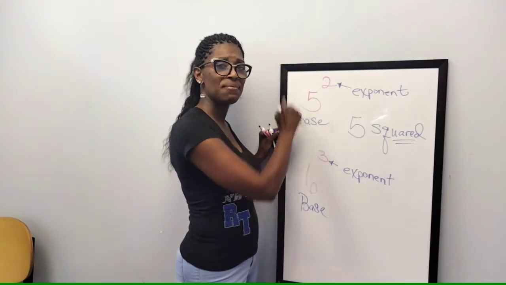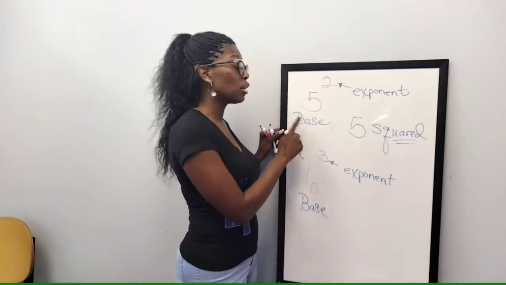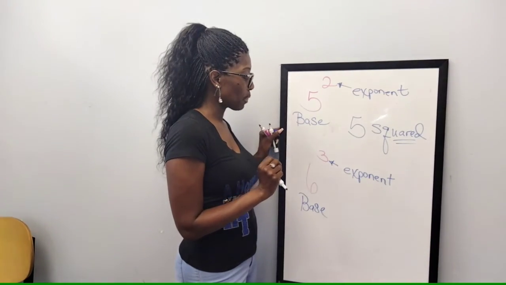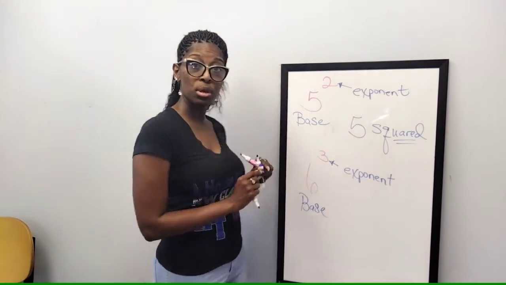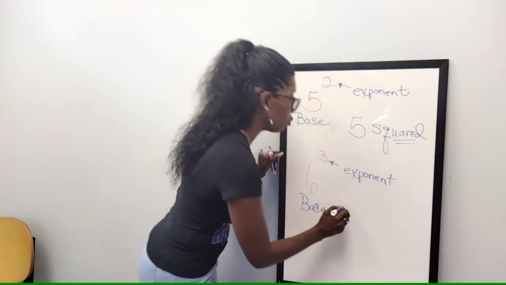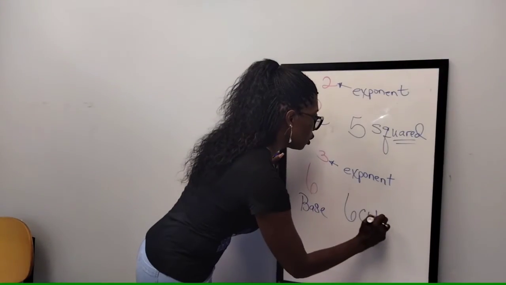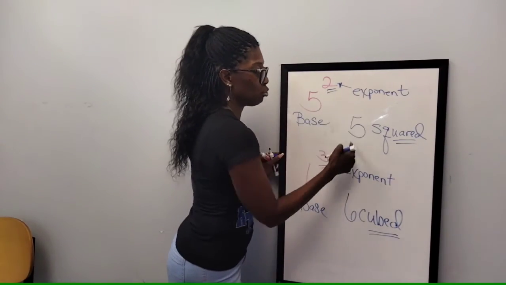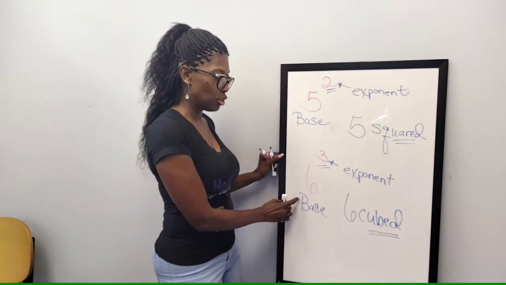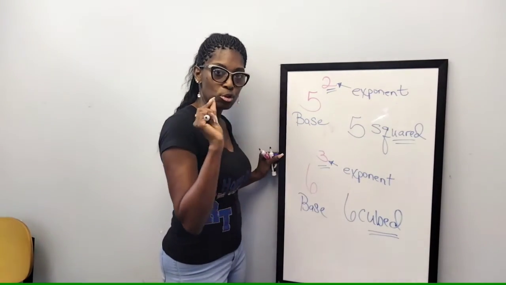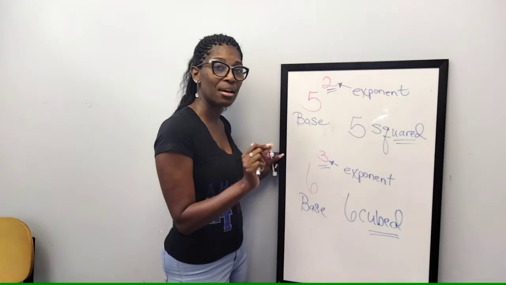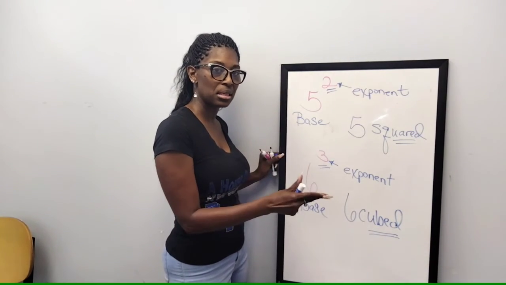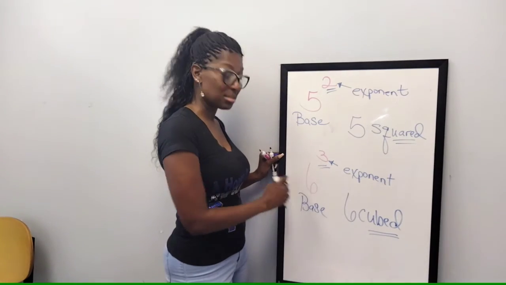So if you ever see 5 squared, that's telling you to multiply the 5 twice. 6 cubed, because the cube stands for the 3, and the 2 stands for squared. That exponent is telling you to multiply the 6 by itself 3 times. 6 times 6 times 6 is the same as 6 cubed.